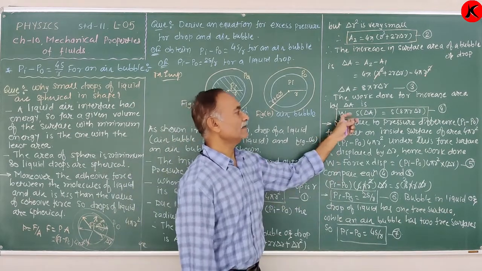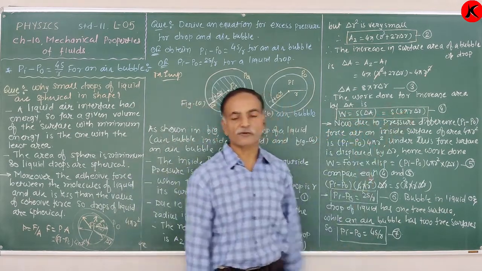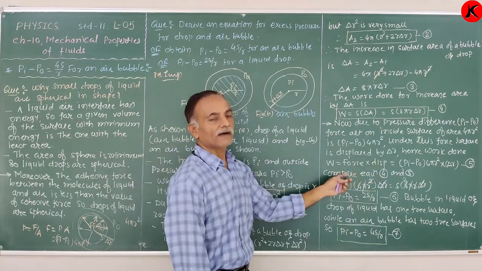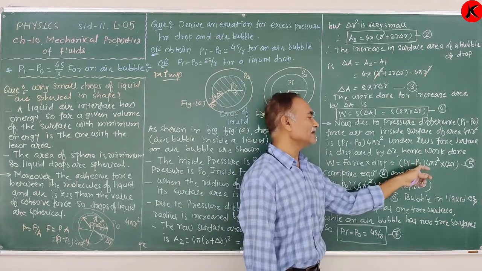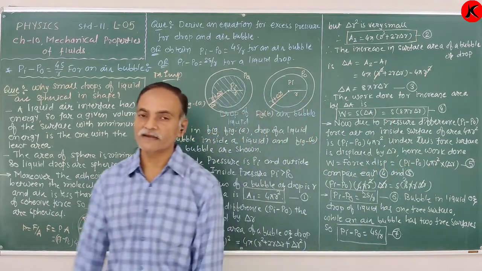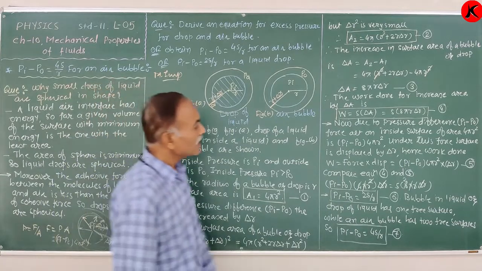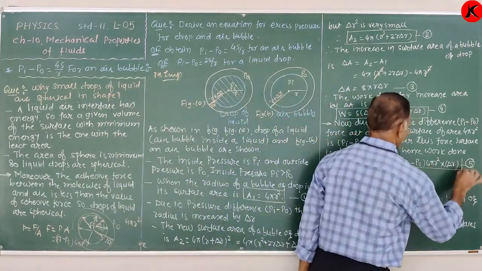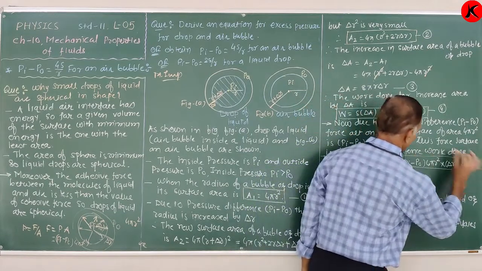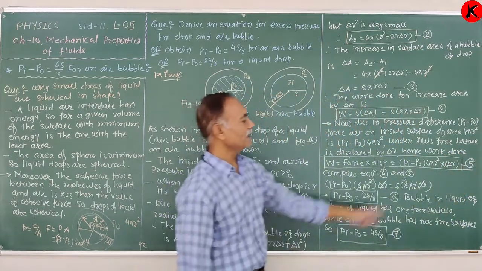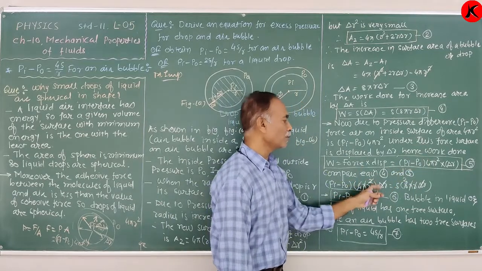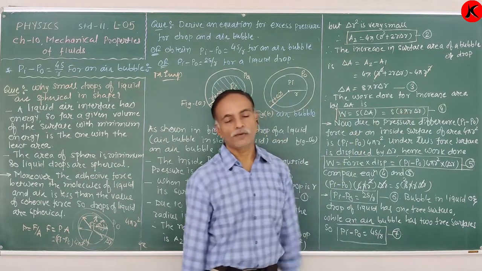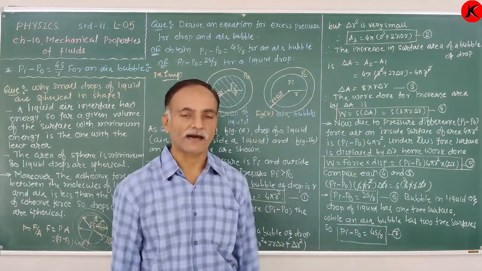Already we obtained the work done is equal to surface tension into 8 pi r delta r. And here the work done W is equal to Pi minus Po into 4 pi r square into delta r. Left hand sides of both equations are the same. Therefore, comparing these two equations 4 and 5, we obtain Pi minus Po into 4 pi r square delta r is equal to S into 8 pi r delta r.